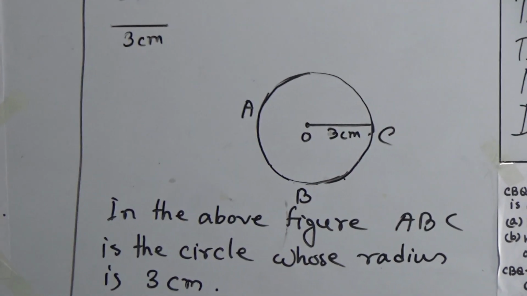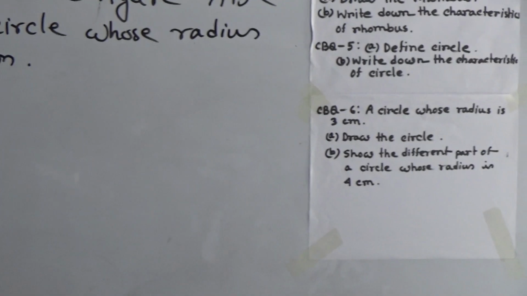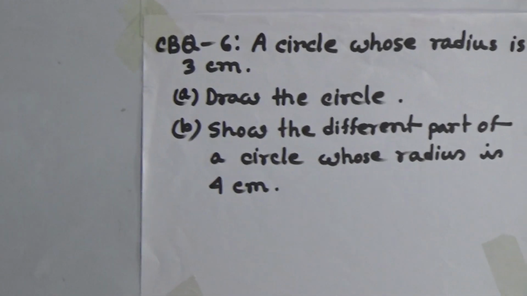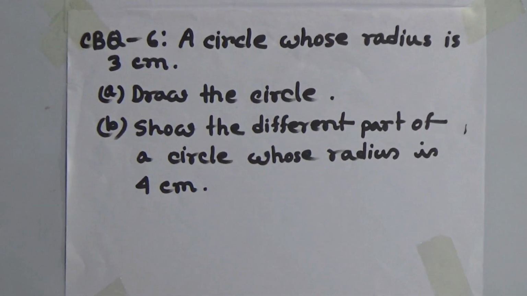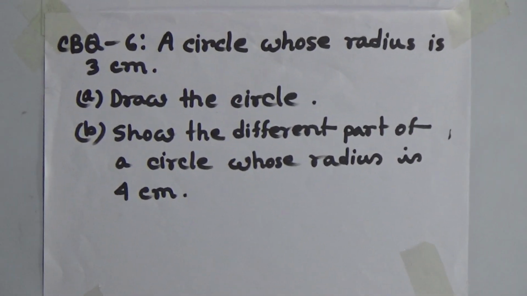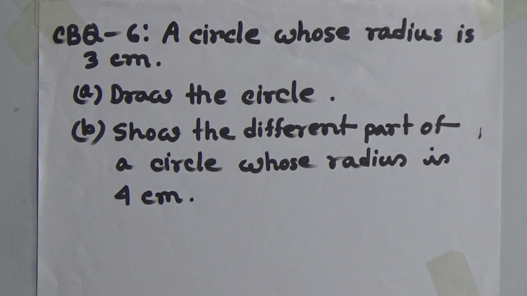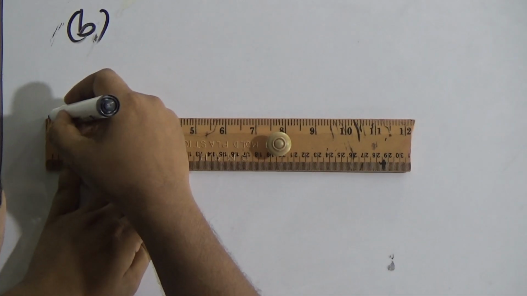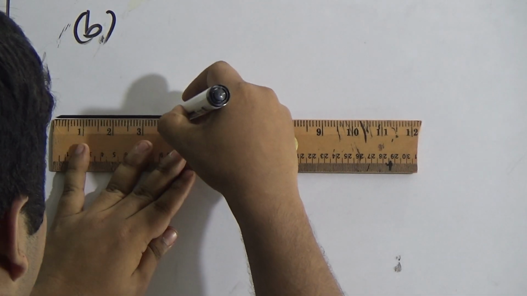My dear student, next we shall solve question number B of 6. Here we need to draw a circle whose radius is 4 centimeter and also show its different parts. First of all, we draw a radius.